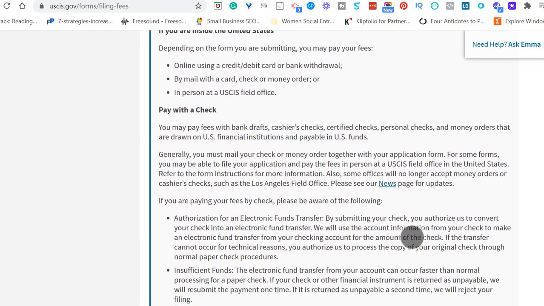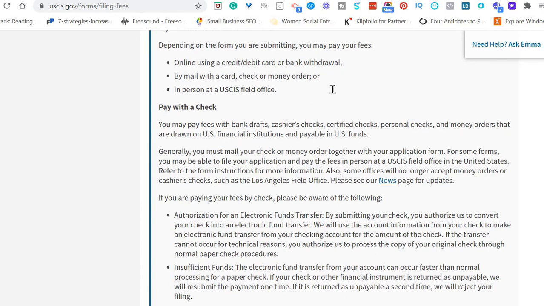And then you have some instructions. So depending on the form you are submitting, you may pay your fees online using credit or debit card or bank withdrawal, by mail with a card, check or money order, or in person at the USCIS field office.